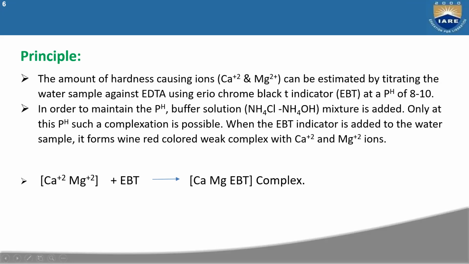So this calcium and magnesium means it is hard water. The given hard water sample is reacted with EBT, Eriochrome Black T indicator, so we get the calcium magnesium EBT complex. This is an unstable complex and the color is wine red.